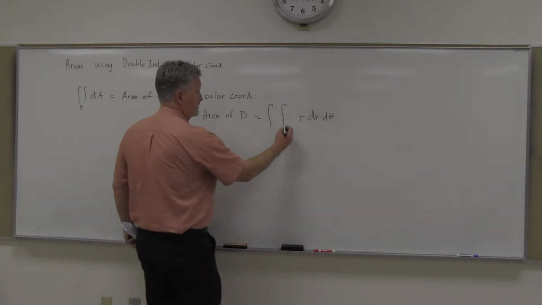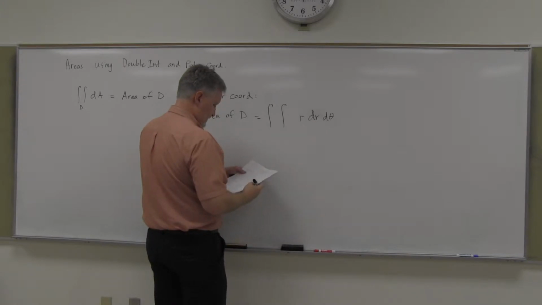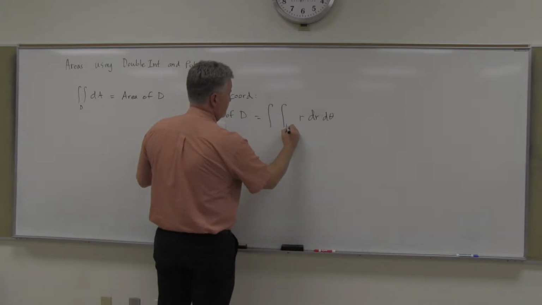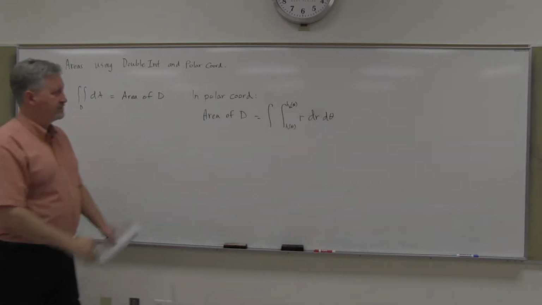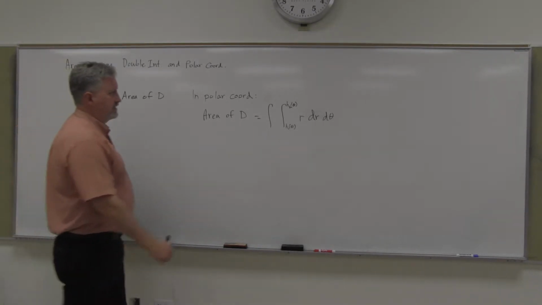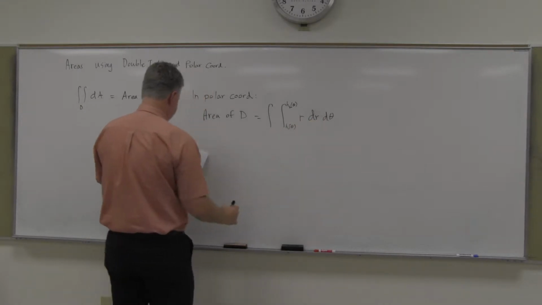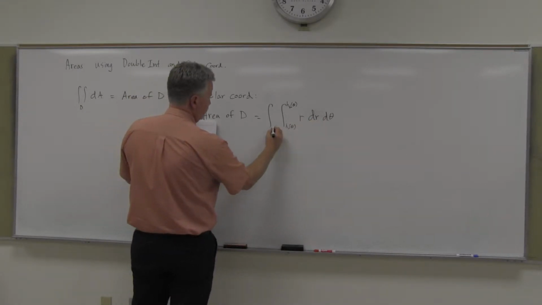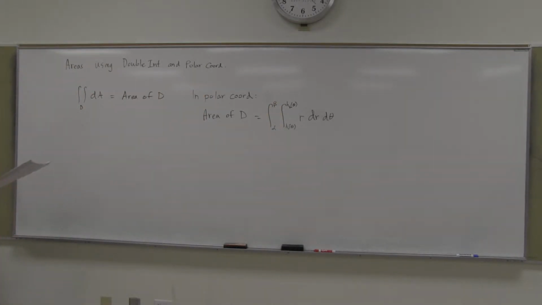And then of course we do the r's, so we've got a function h1 of theta to h2 of theta, where r goes between two functions. And then the thetas, we go from, I'm just going to use alpha and beta for the thetas.